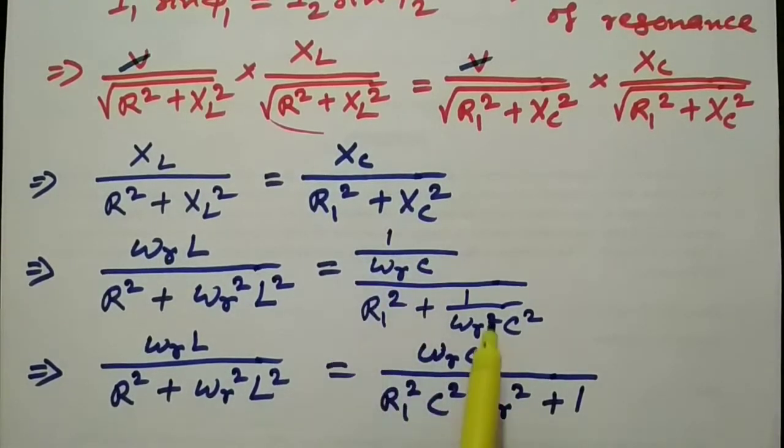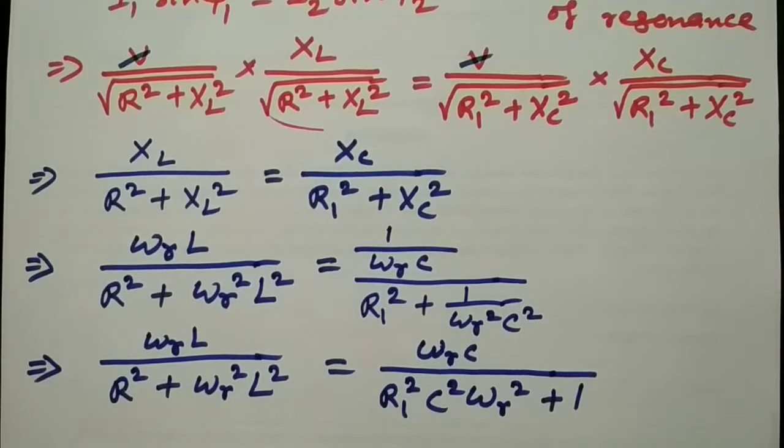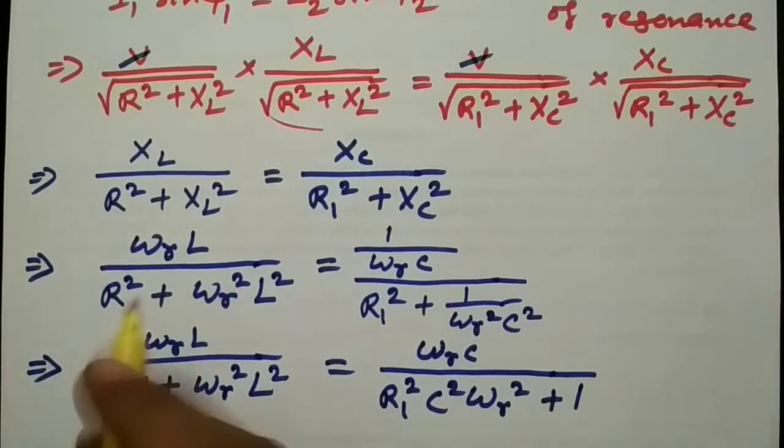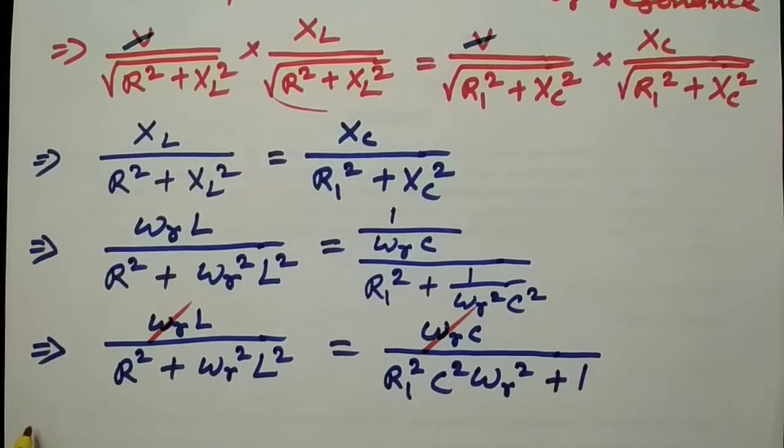If you simplify this, you will get this value. Now here again the omega R is cancelled from both sides. So it is L upon R square plus omega R square L square is equal to C upon R1 square C square omega R square plus 1.